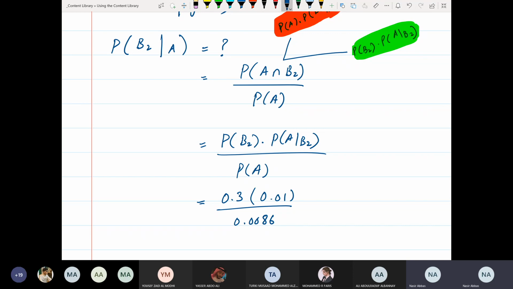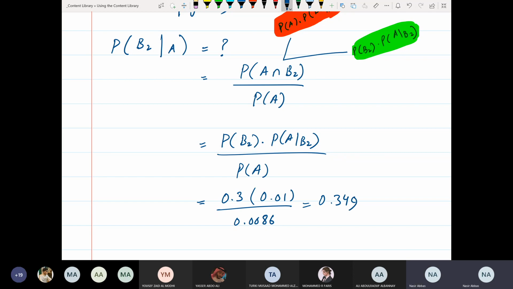Which gives you the final answer to be equal to, what is the final answer? It is 0.349.